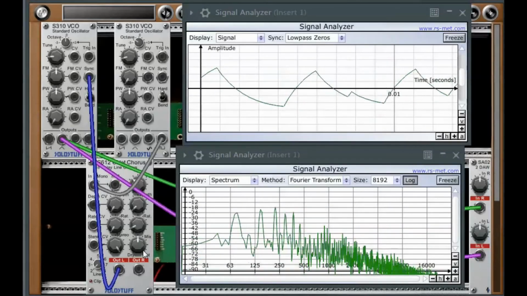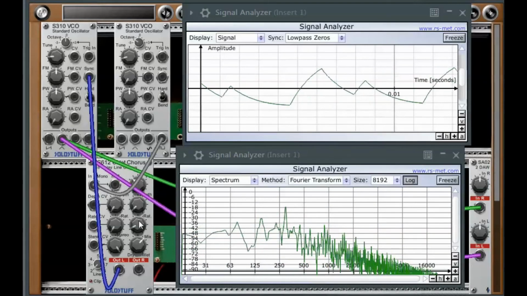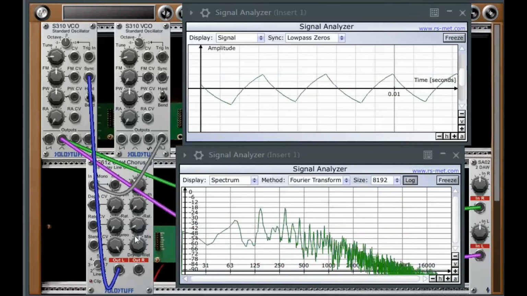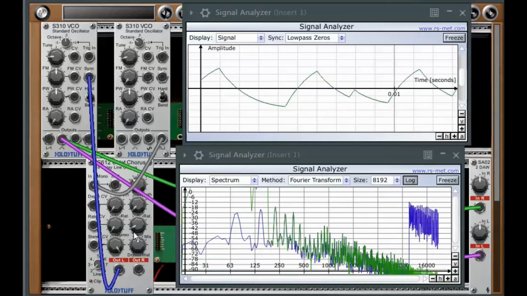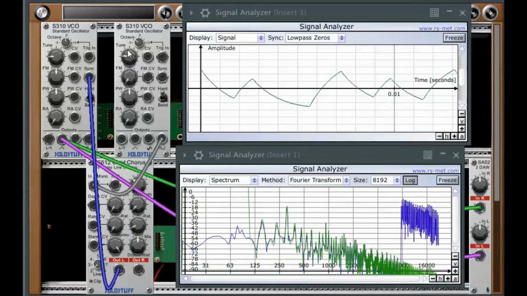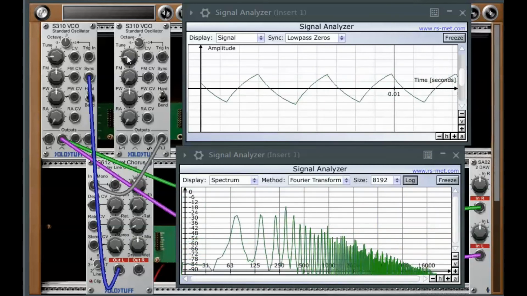I encourage you to try sending the master's signal through an effect chain before you feed it in the slave's sync jack. There are some interesting sounds to gain this way. Please do some experiments of your own.